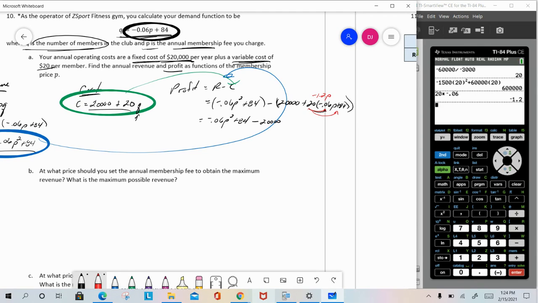And 20 times 84 is 1680. But now be careful because we're subtracting this. So it's minus a negative 1.2p and minus a positive 1680.